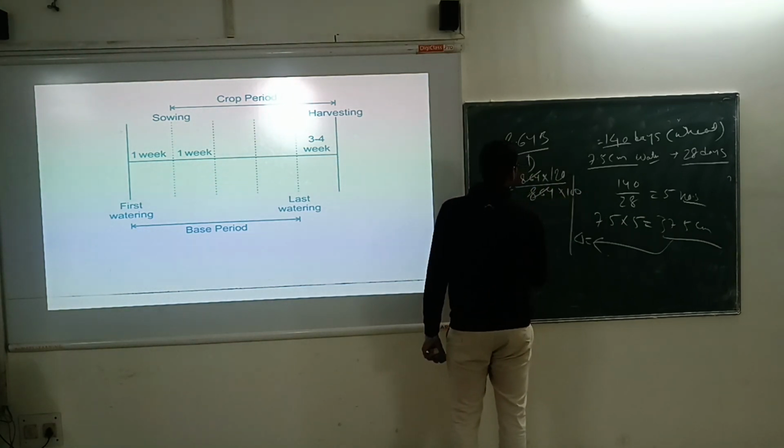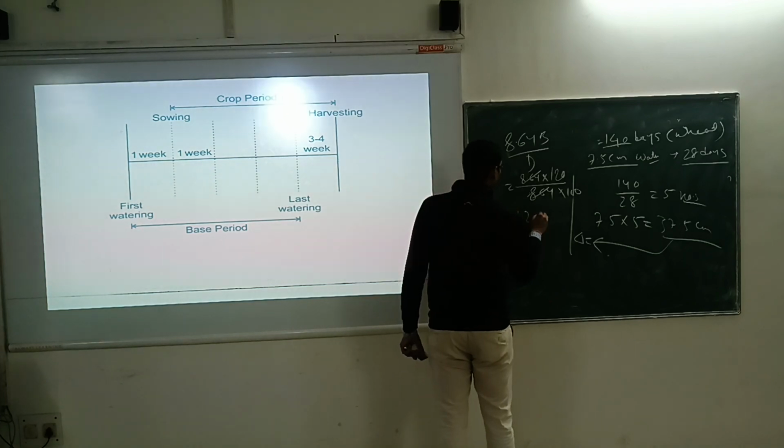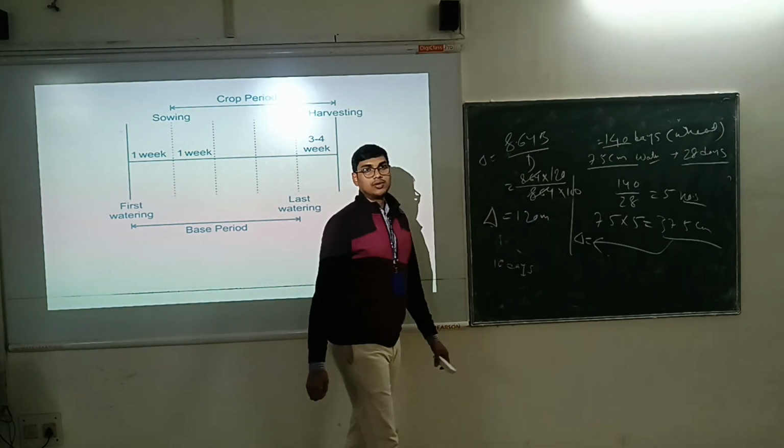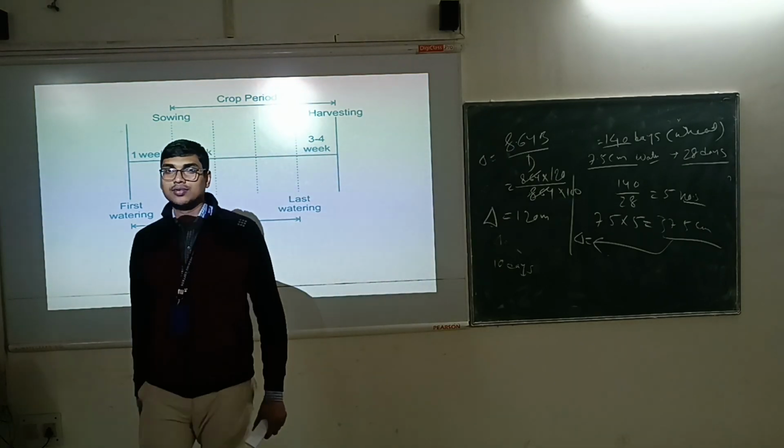Divided by 100, so 1.20 meter is the delta value.